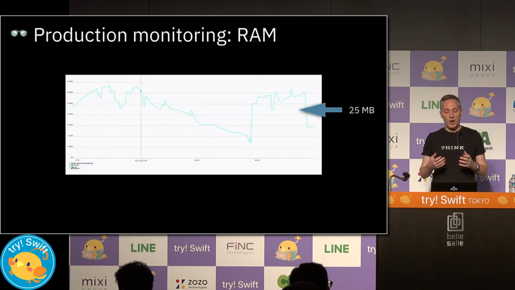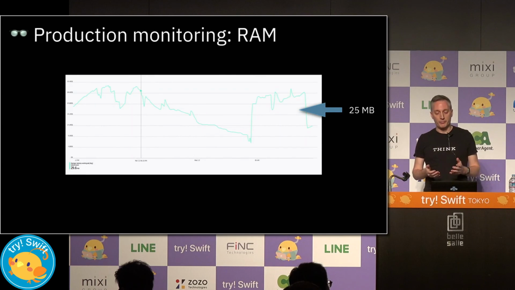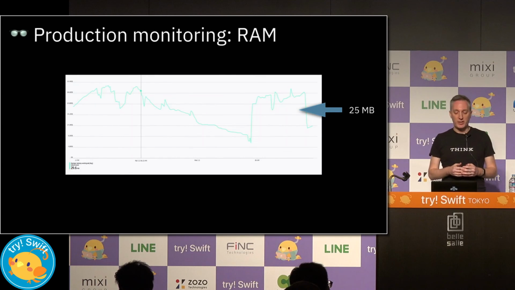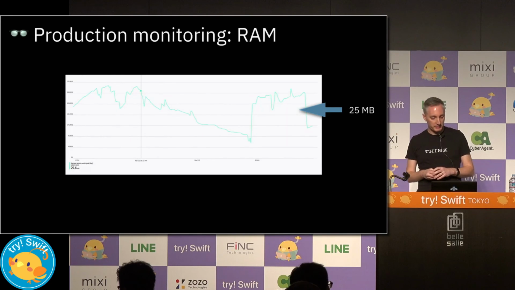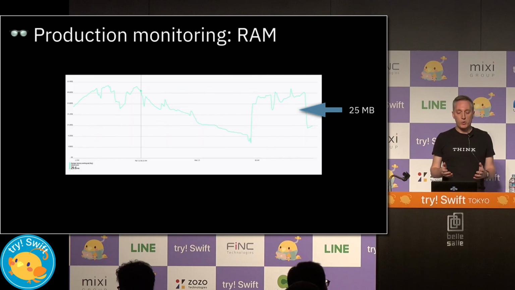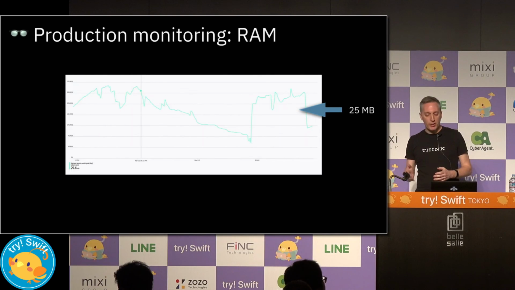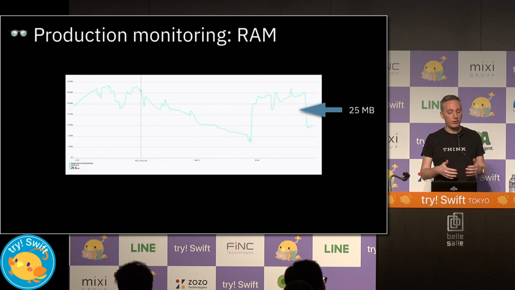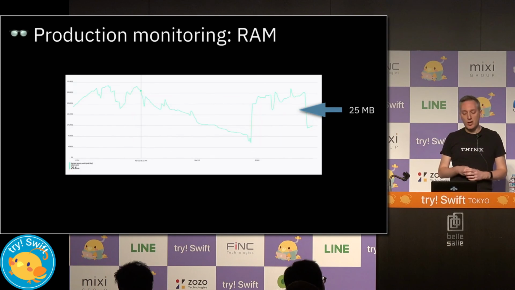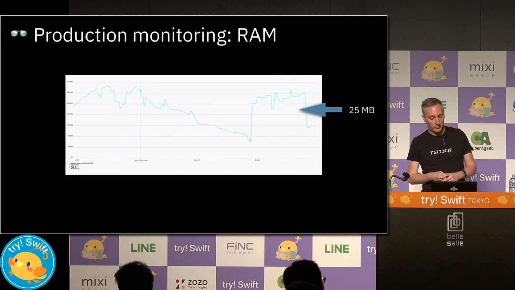This is from an iOS app they have to monitor the platform. You can see the memory being used by Kitura microservices. It's around 25 megabytes. The Kitura team has worked closely with Banking of Things as they develop this platform, and I'm really grateful to them for letting me show you under the hood today. It's a really great example of a full-stack, end-to-end Swift solution.